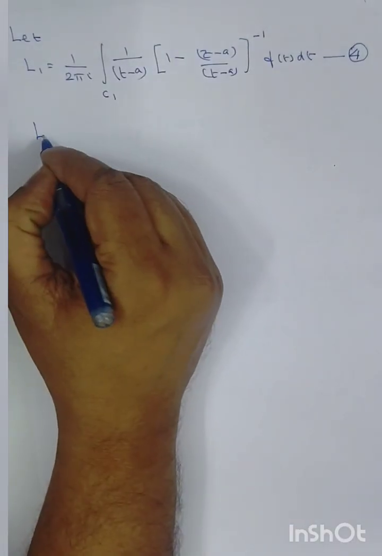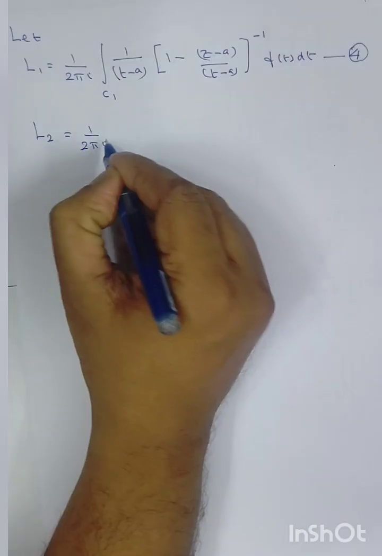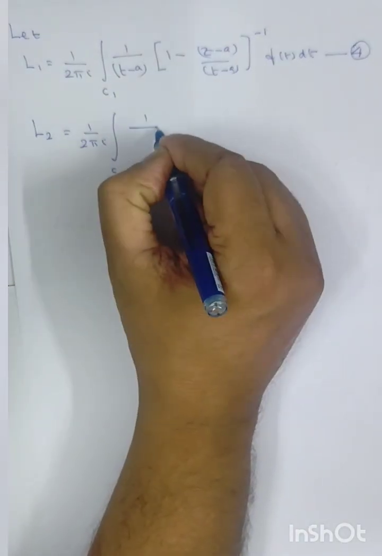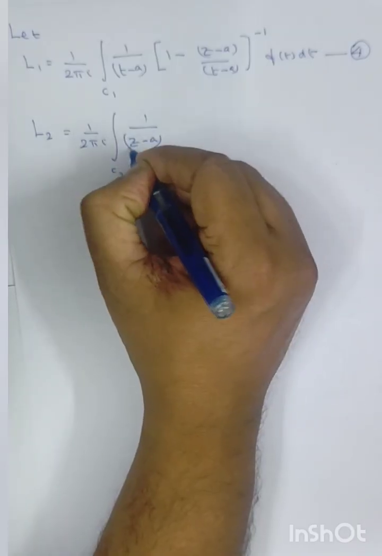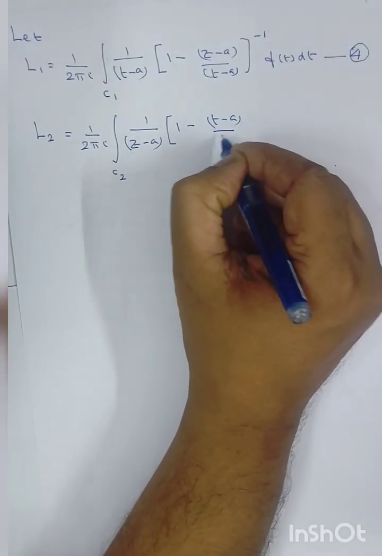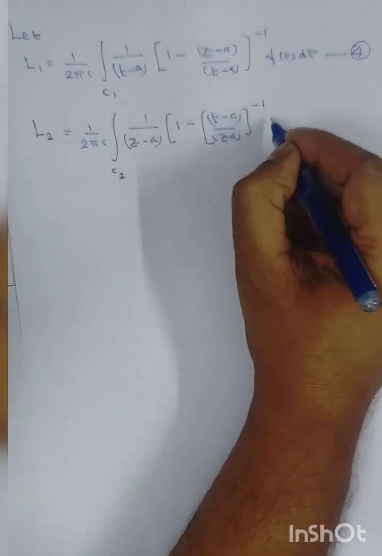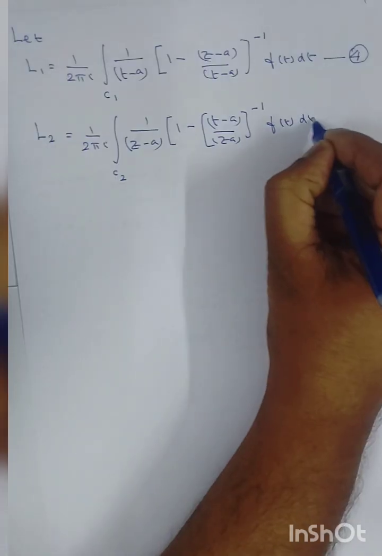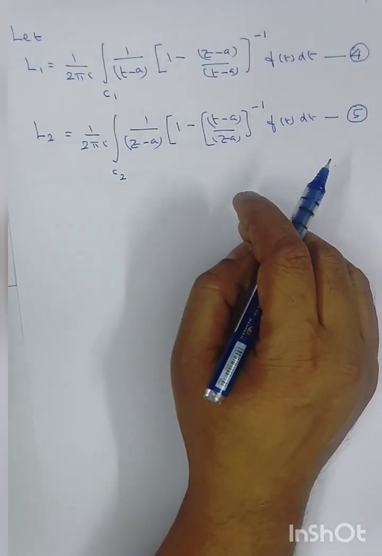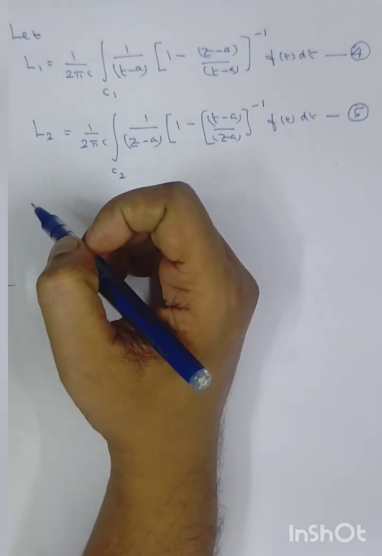Then let L2 be 1 by 2 pi i for the second circle C2, 1 by z minus a into 1 minus t minus a divided by z minus a whole power minus 1 f of t dt. This is equation number 5. So we divided equation number 3 into two parts. One is L1, another one is L2.